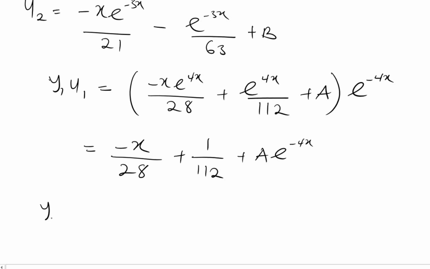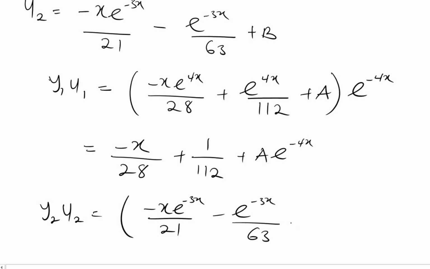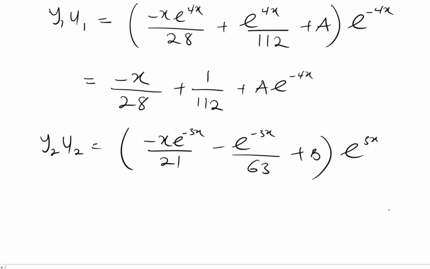So now y2 u2 will be, what's my u2? Minus x exponential negative 3x over 21 minus exponential minus 3x over 63 plus b, multiplied by exponential of 3x. The same thing, multiplying, I will have minus x over 21 minus 1 over 63 plus b exponential 3x.